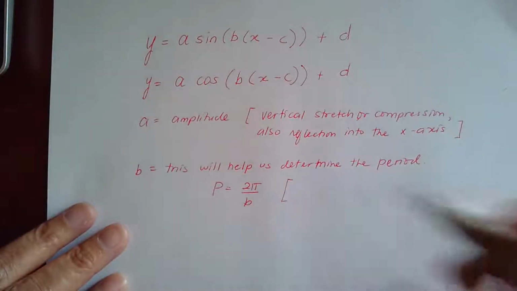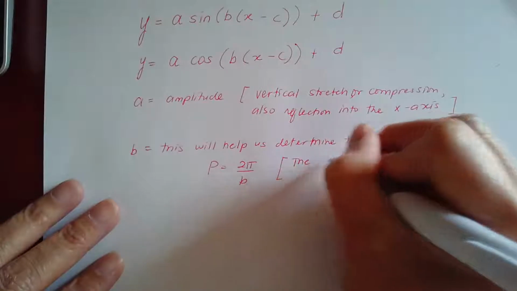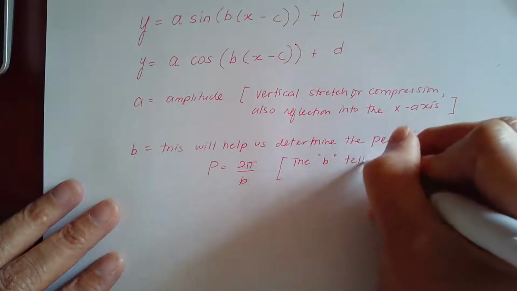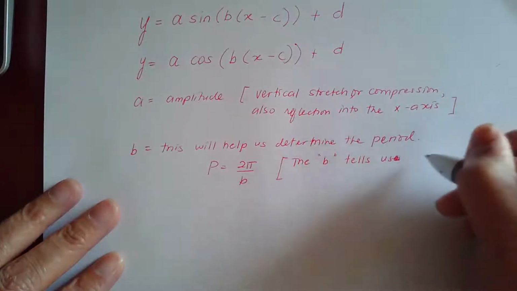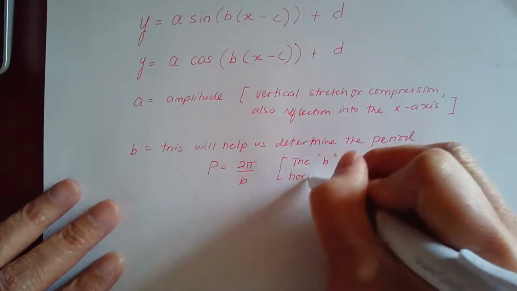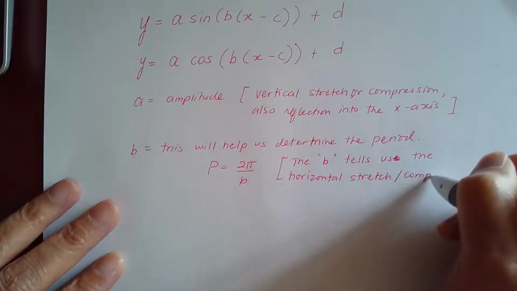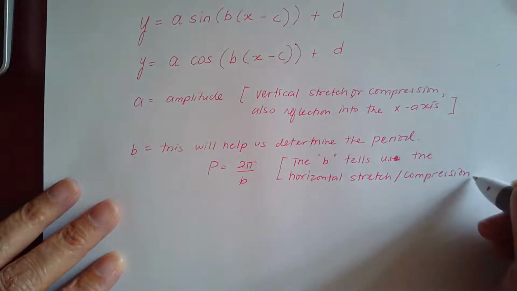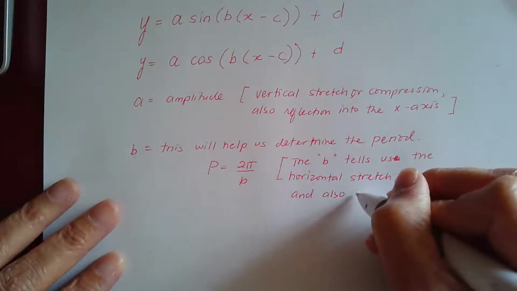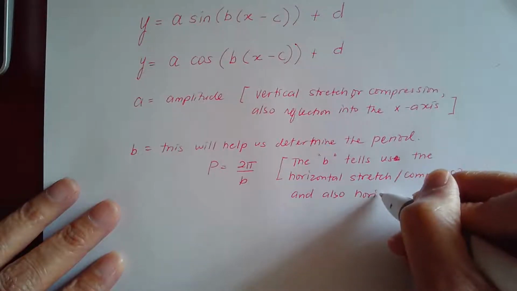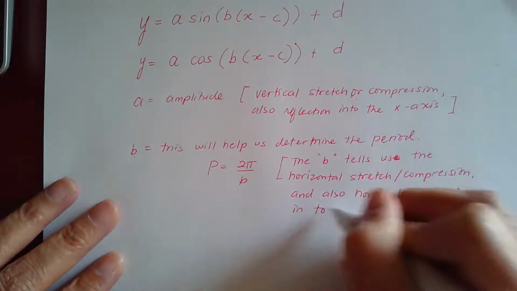But if we connect that to our basic transformation, the B tells us the horizontal stretch or compression, also the horizontal reflection in the y-axis.